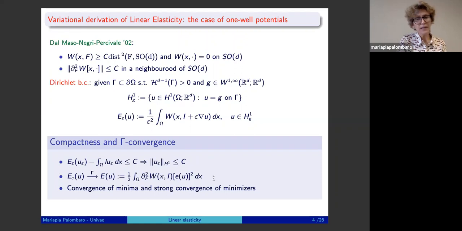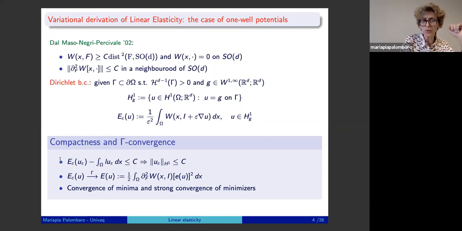The second line says that this sequence of rescaled functionals, E epsilon, gamma converges to the quadratic energy. Now, what gamma convergence is is not important. It's a variational convergence that, together with this first condition, the compactness, ensures that this limit is a good approximation of this sequence of functionals.